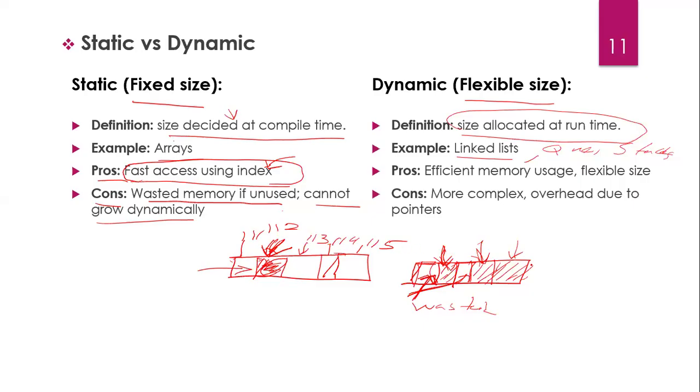The other thing, as I said, is that we cannot grow this dynamically. If there are five lockers, I cannot add a sixth locker to this place. If there is only place for five lockers, then I can only store these five lockers. I cannot add another locker.